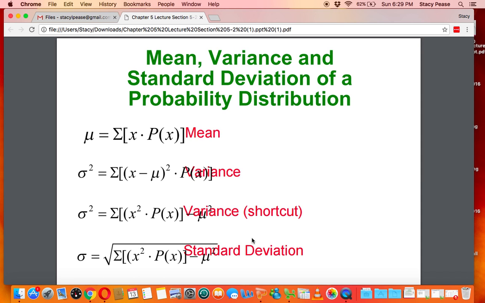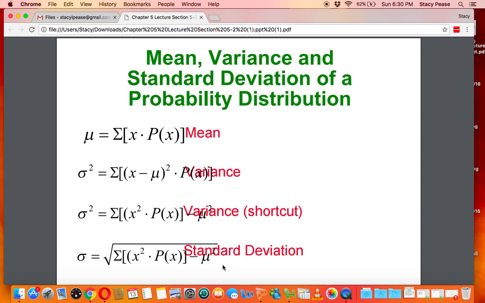There's also another equation for variance, a different way to look at it. Both will give you the same answer. It's just a rewritten version of it. And what that one says is the sum of each x squared multiplied by the probability of that x, minus the mean squared.